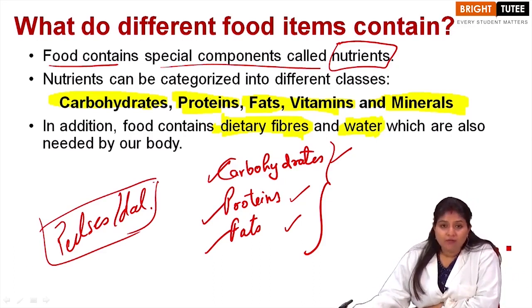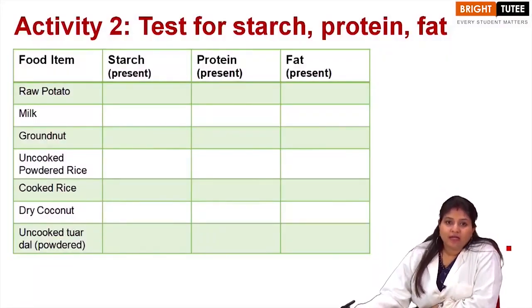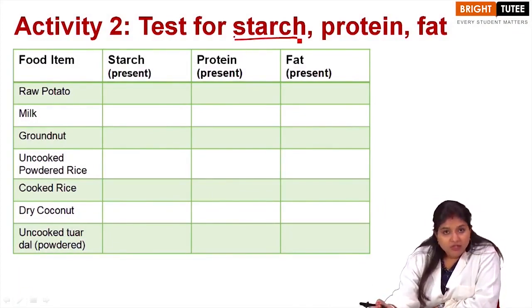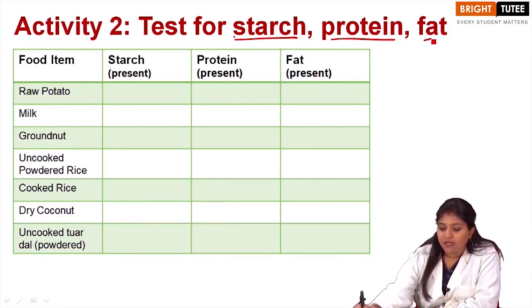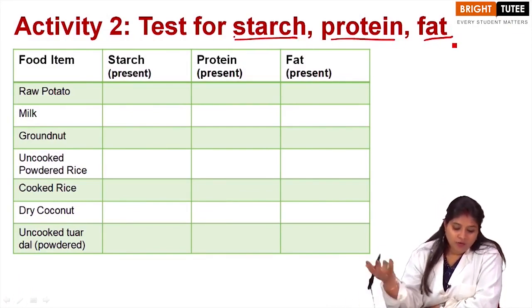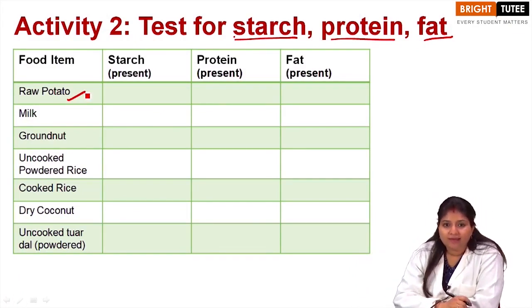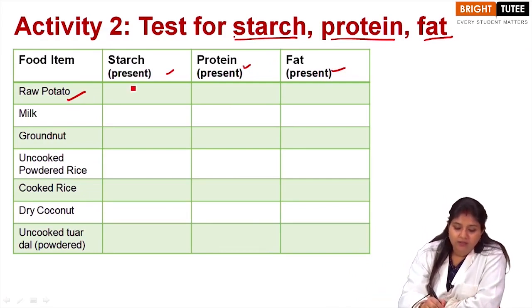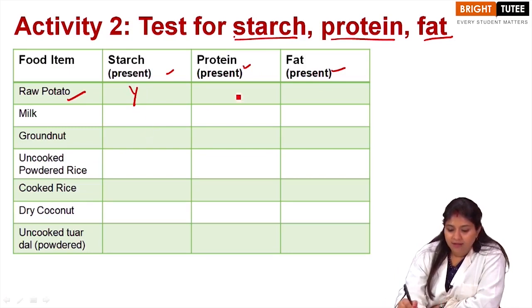So what kind of table are we going to make in this activity? Let's look at that. We are going to test different food items for starch, the presence of protein and the presence of fat. Let's say you have taken raw potato and you are testing it for starch, protein and fat, and suppose you get a positive test for starch, so you will write yes here and you will write no here, and so on.